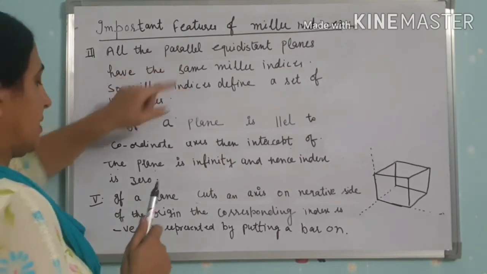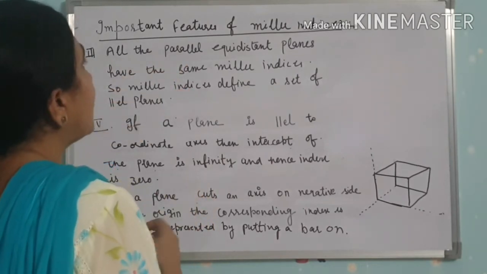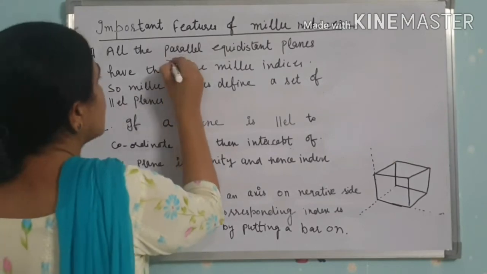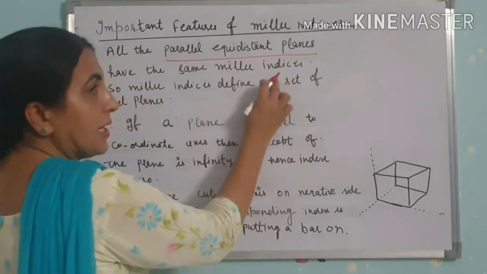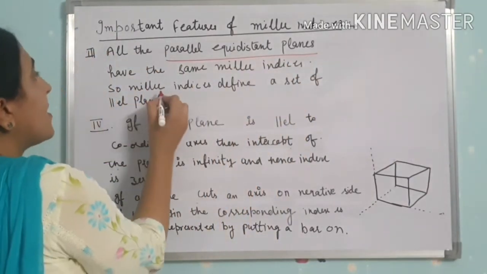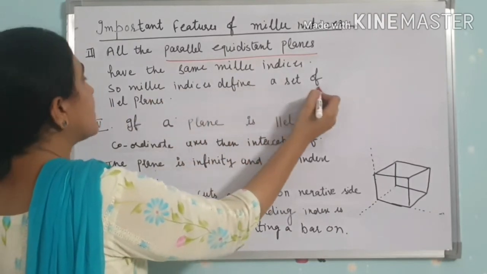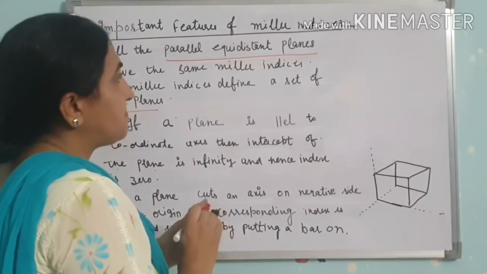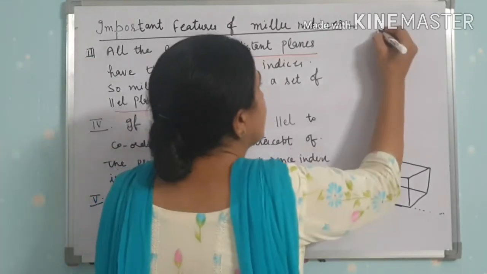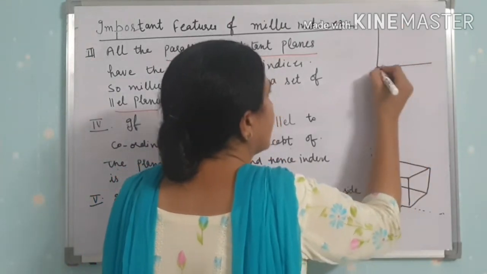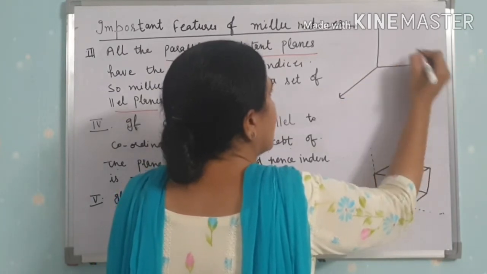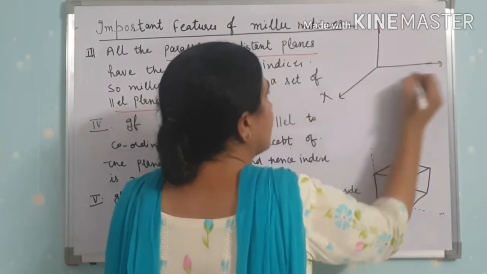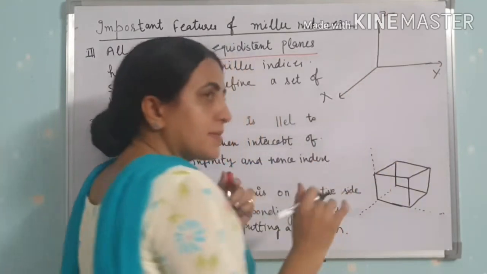So the third important feature: all parallel equidistant planes have the same Miller indices, or we can say these define a set of parallel planes. How? For example, these are the coordinate axes x, y and z in a crystal lattice.